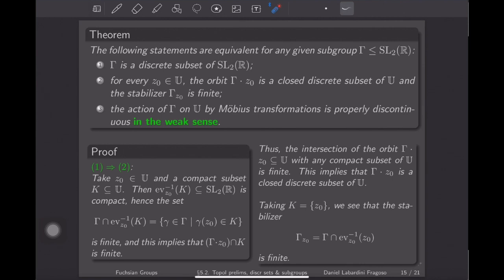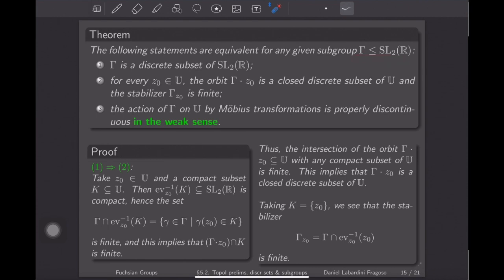In terms of the desire of producing covering maps from U to orbit spaces, it seems that what we want to characterize is when the action is properly discontinuous in terms of the topology of the subgroup.